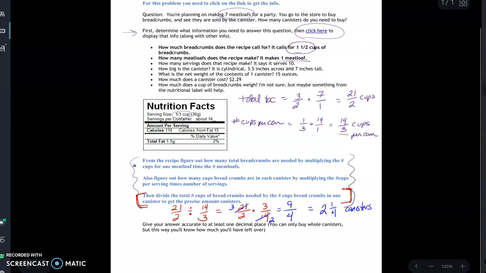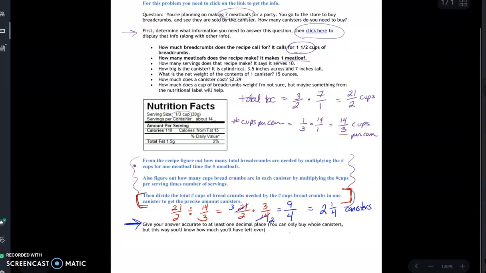But it says you can only buy whole canisters, but we know that. The tendency is to want to round up. If I were really doing this in a store, I would round up. But in this question, it's part of the instructions. It actually tells you to give your answer accurate to at least 1 decimal place.